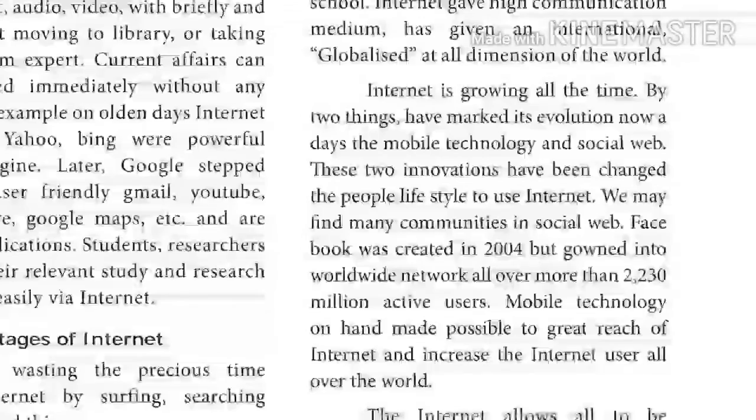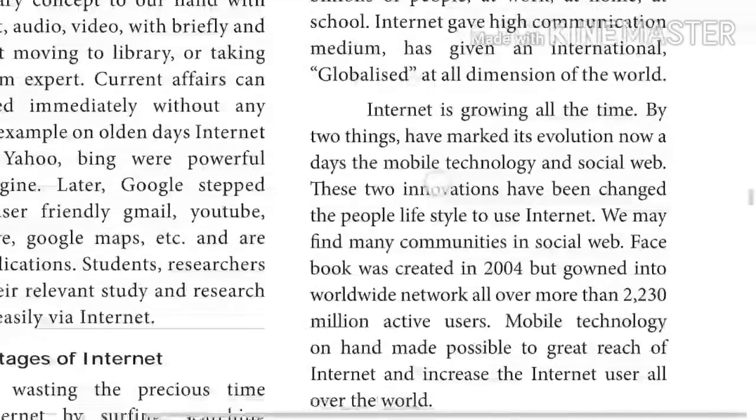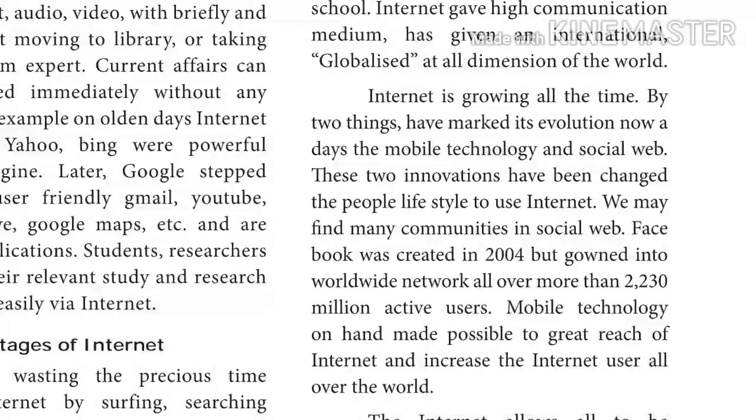So the internet is growing all the time, marked by two things. Nowadays, mobile technology and social webs are the two things that are the reason for the growth of computer networks and the internet. Okay, so the two innovations have changed people's lifestyle in using the internet.